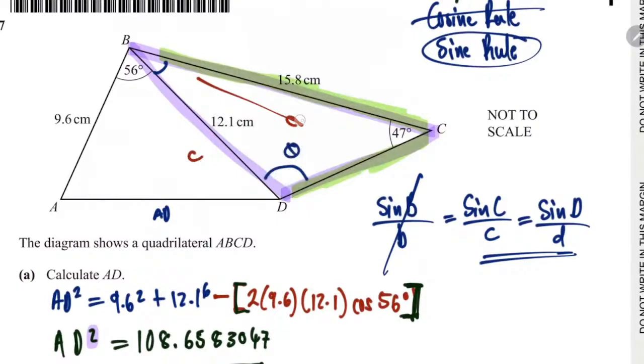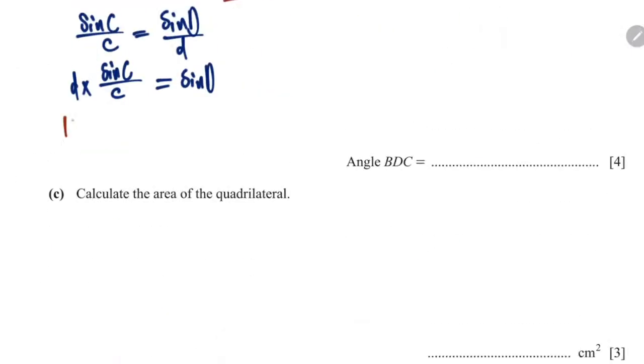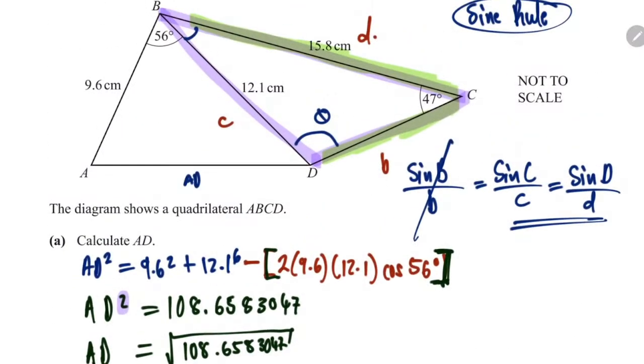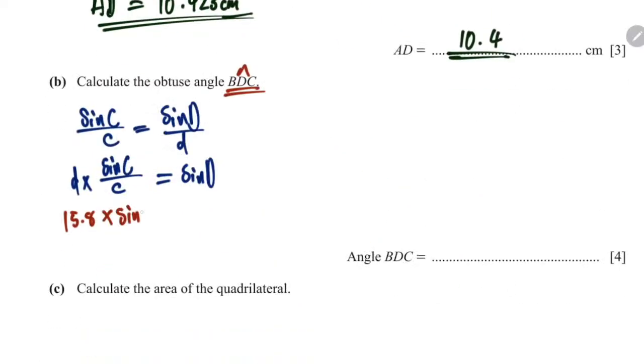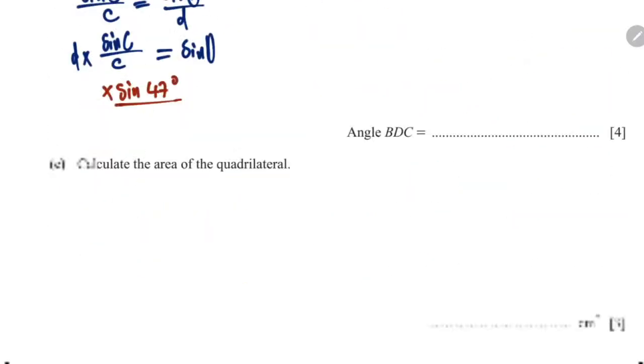Opposite big B is small b. Opposite capital D is small letter d. So our small letter d is 15.8, times sine of capital letter C, which is 47. Come on, this is way too easy. Divided by small letter c, which is 12.1. This becomes sine capital D.